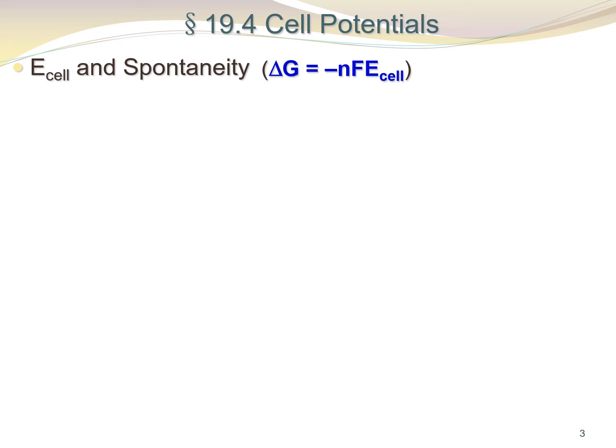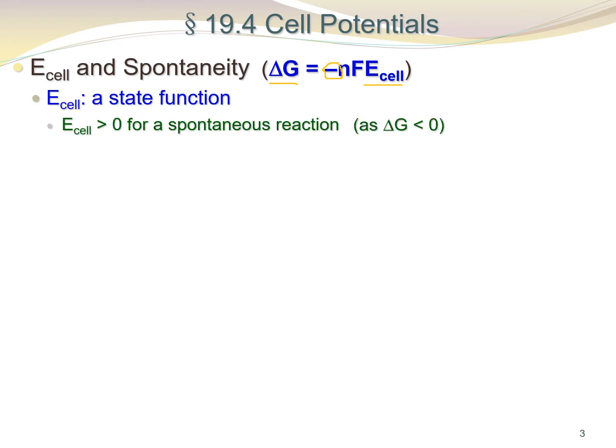In other words, E cell, the potential of the cell, can tell us the spontaneity of the reaction. Remember, between delta G and cell potential, there's a negative sign. Negative sign means if delta G is less than 0, meaning this process is spontaneous, the potential is greater than 0.